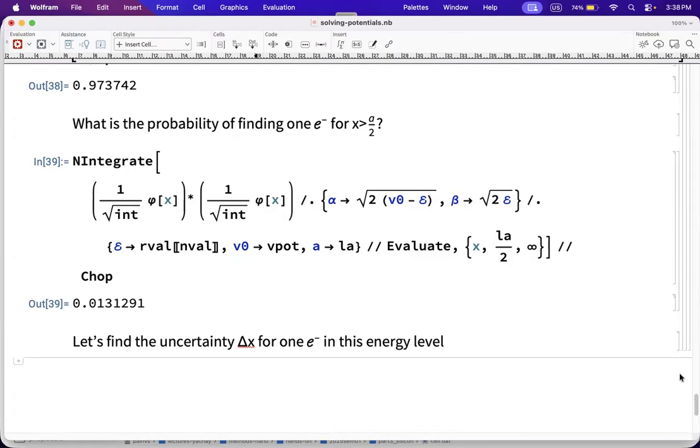Remember? What is the expected value of x squared? It is the integral of psi conjugate times x squared times psi dx, right?